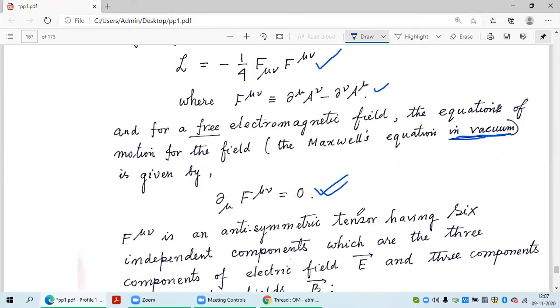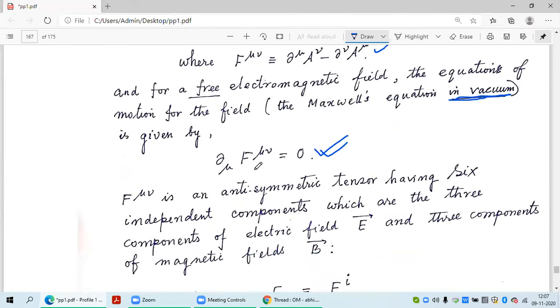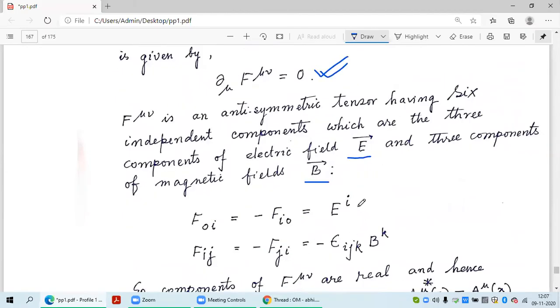Now, F mu nu is an antisymmetric tensor having 6 independent components. We discussed this earlier, you also know this. The 6 independent components of F mu nu are the 3 components of the electric field and 3 components of the magnetic field, which you can write like this.